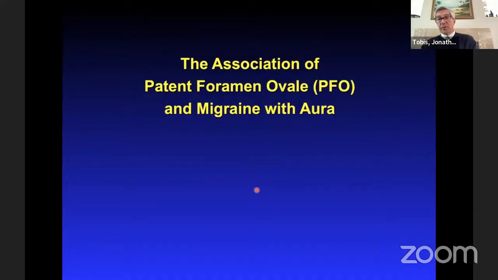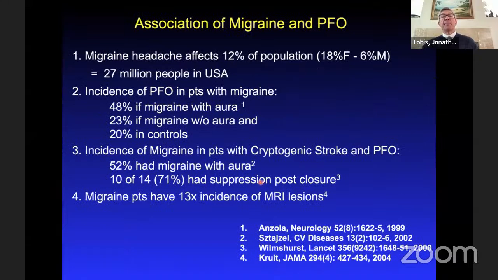So let's move on to migraines and PFO. Migraines occur in 12% of the population, more common in women than men. And the connection has been made that you find PFO in about 50% of patients who have migraine with aura. There does not seem to be an increased incidence of PFO if you have migraine without aura, similar to the 20% in controls.